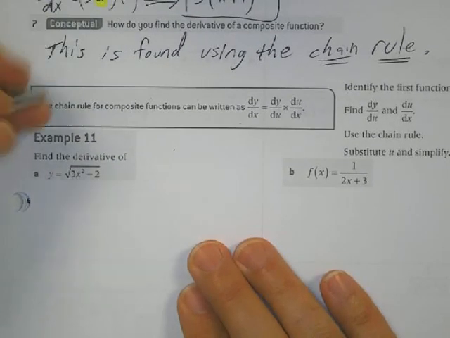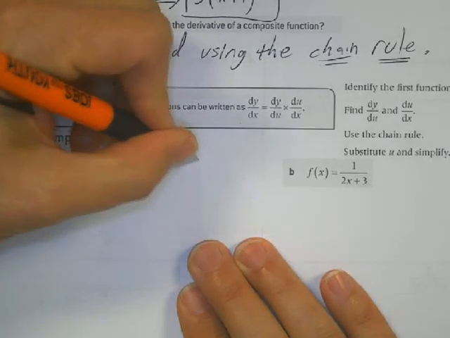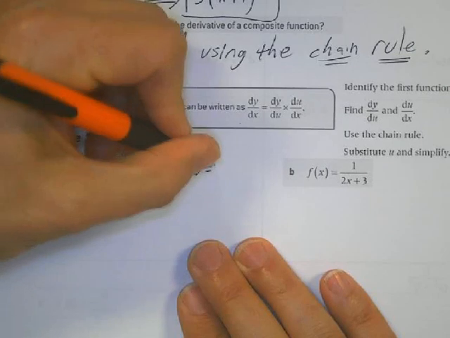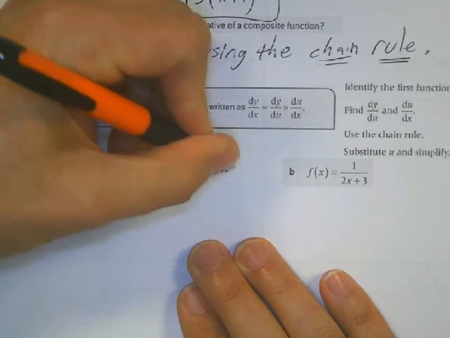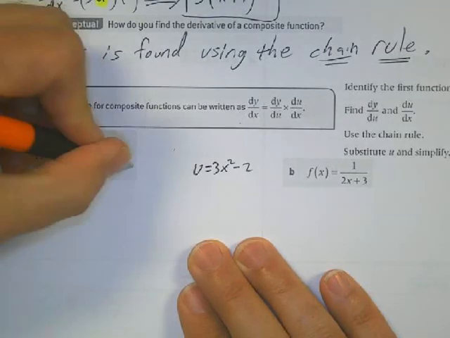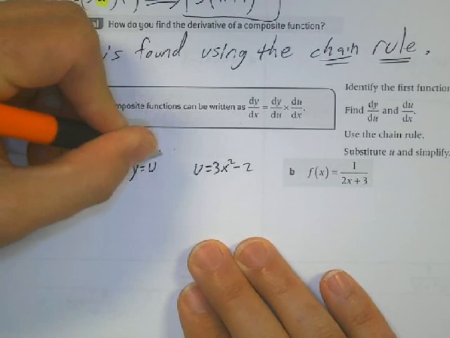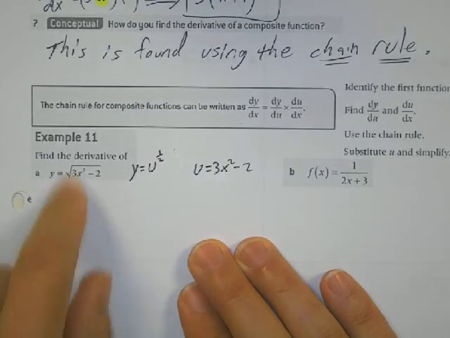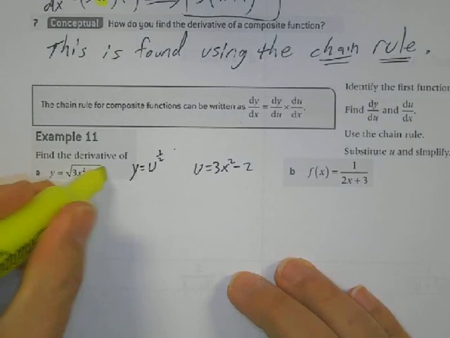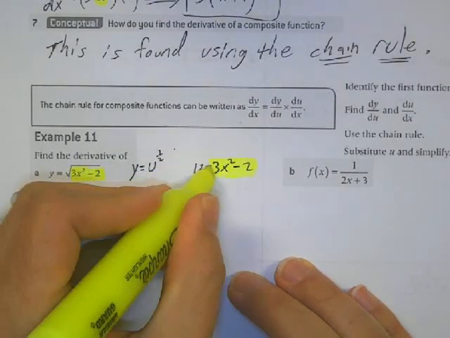So I'm going to let u equal 3x squared minus 2. And then I can say y is equal to u to the 1/2 power, because square root is simply to the 1/2 power. So I'm making this part here under the radical equal to u.